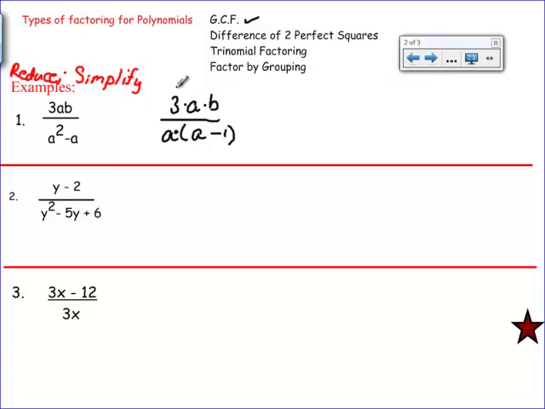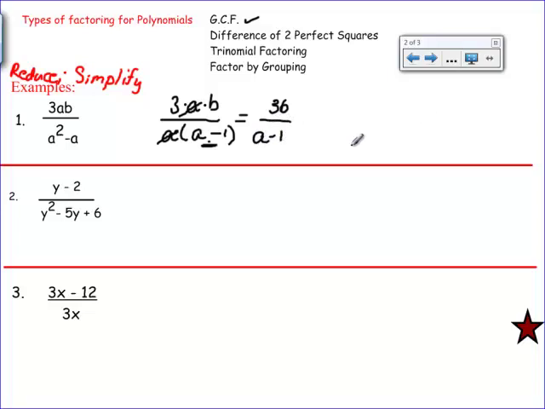Now, up here I have 3 factors. Are any one of these factors the same as down here? Yes, this is a factor of a, and this is a factor of a. This is a factor of a minus 1. So I'm left with 3b, and on the bottom, a minus 1.